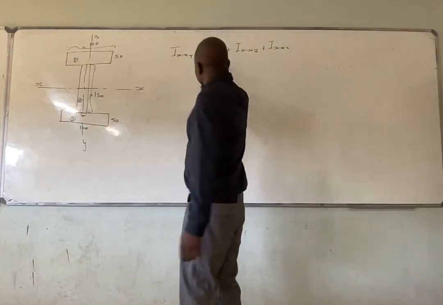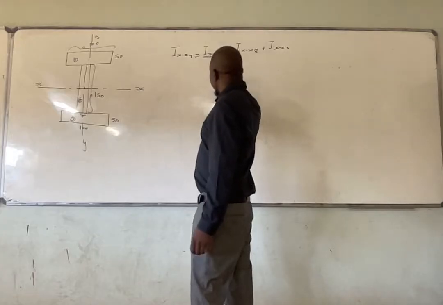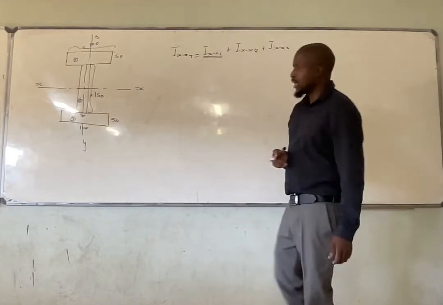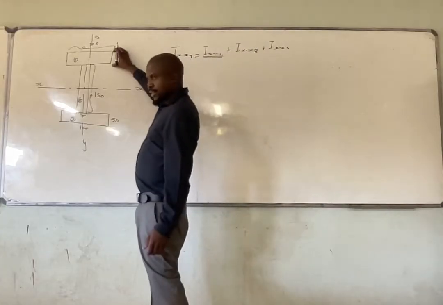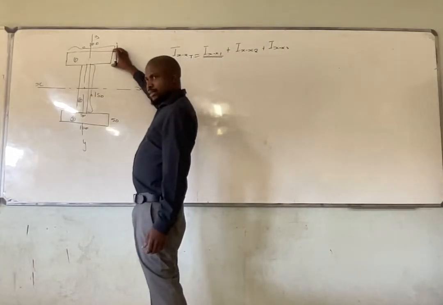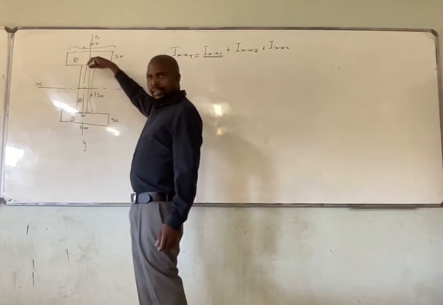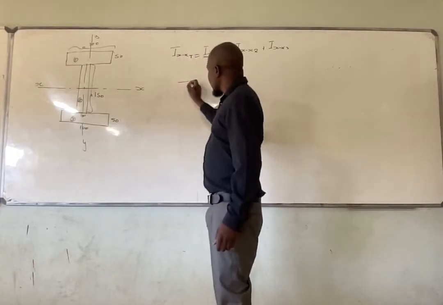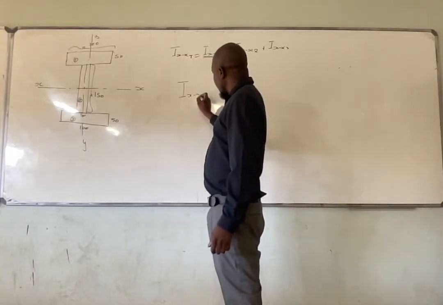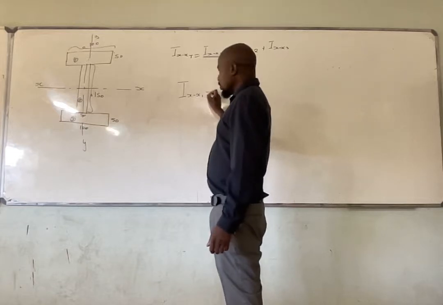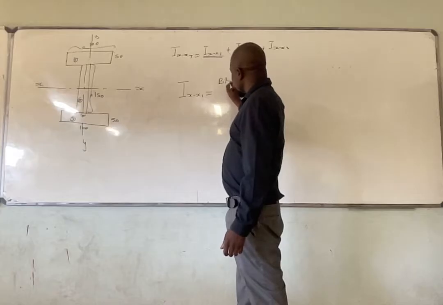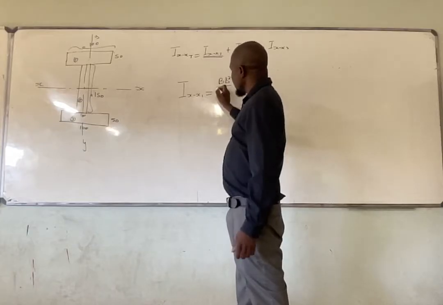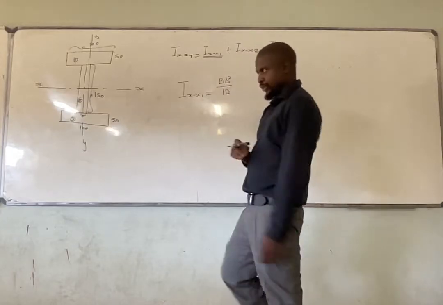So now let us look only at Ixx. If you check Ixx for area 1, this is a rectangle, right? So as it is a rectangle, it means Ixx for area 1 will be what? BD cubed over 12.